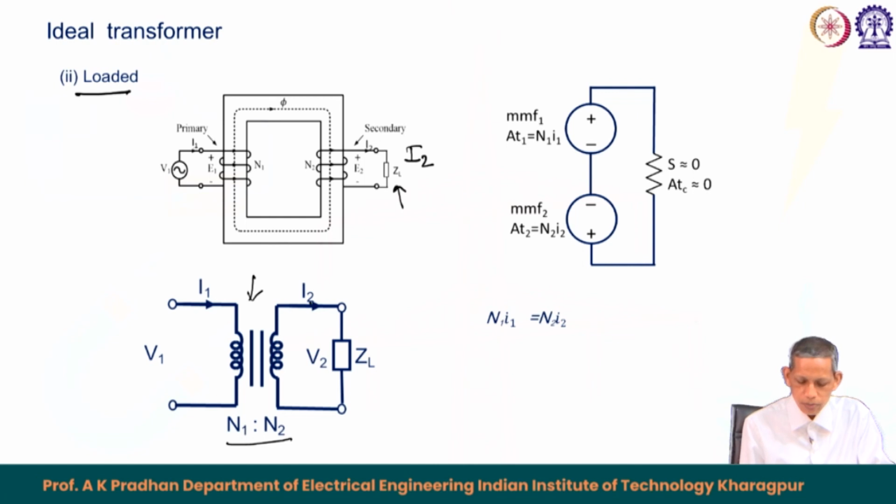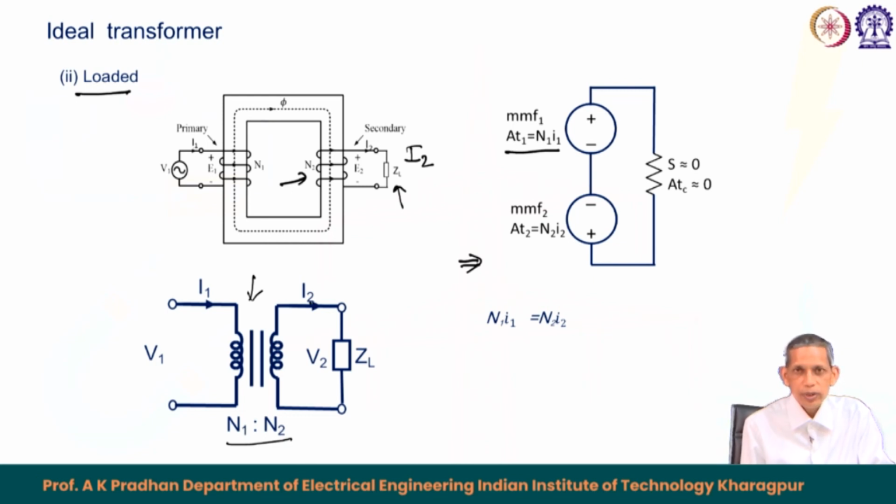Now, if you go to this magnetic equivalent, at this condition the MMF provided by the primary is N 1 I 1, instantaneous value, and the MMF across the secondary terminal becomes N 2 I 2.